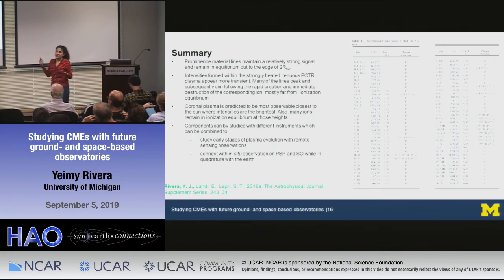Most of this is happening very far from equilibrium as well. For the coronal component, most of the lines are going to be best observed closest to the sun, where all the lines are brightest, and most of the ions are in equilibrium at that particular height.